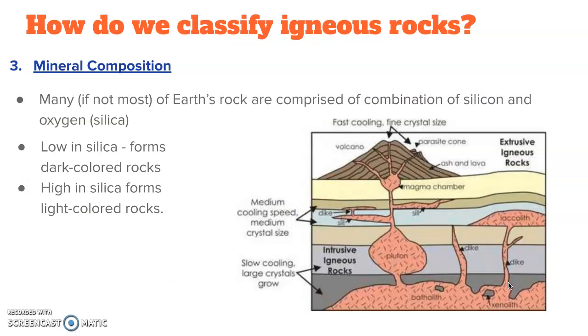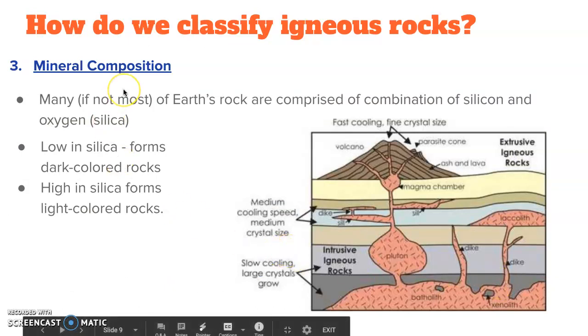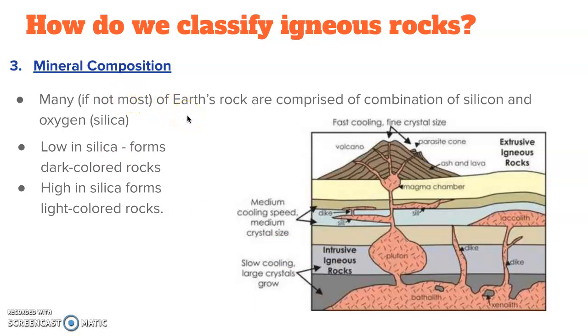All right, and the last way that we classify igneous rocks is by mineral composition. Most of the Earth's rock, if not virtually all, is composed of some combination of silicon and oxygen. And remember, we called that silica. When you have the combination of silicon and oxygen together in a mineral, that combination is known as silica, and the rocks that form from it are known as silicates.